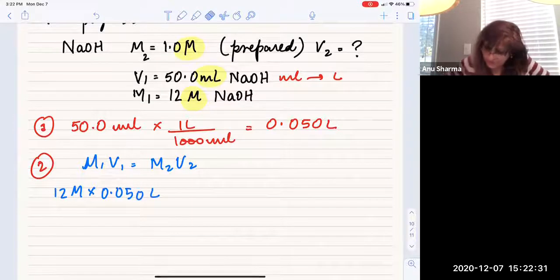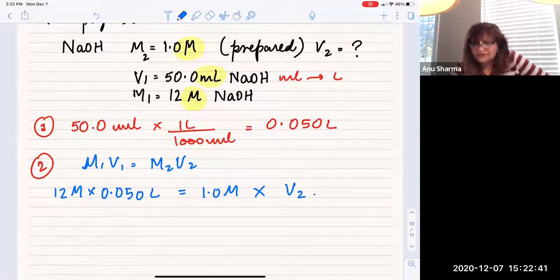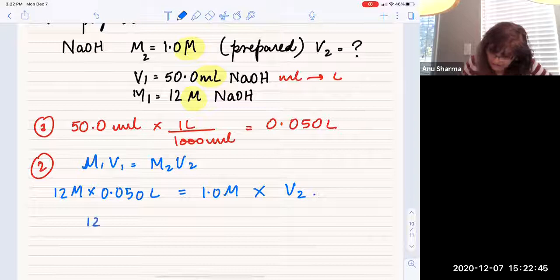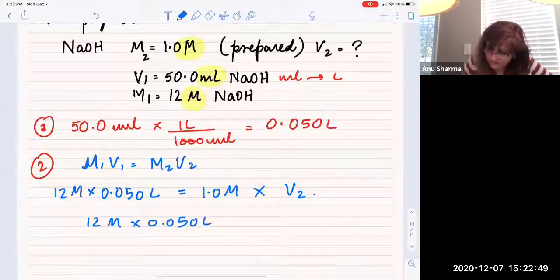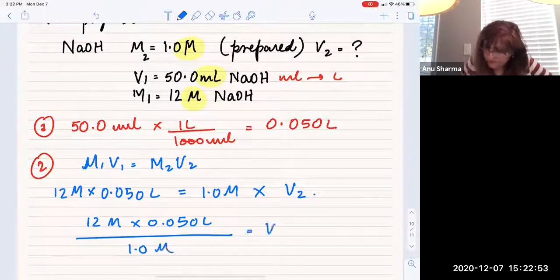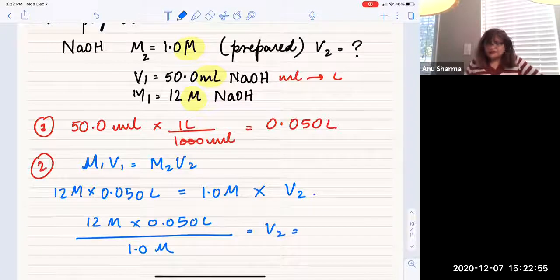This is what you have taken out from a more concentrated solution to give you 1.0 molar solution times the volume of this in liters, which we need to find. And so then comes 12 M times 0.050 liters over 1.0 M is equal to V2. So this is going to be in liters. So what do you get here?